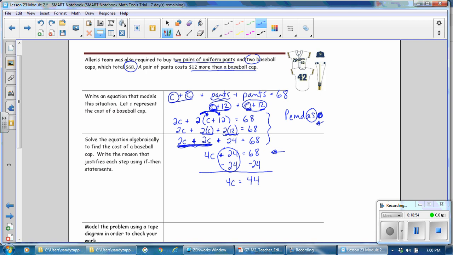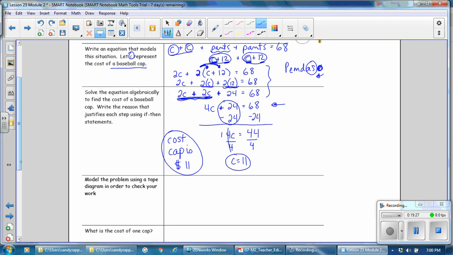Then we need to split that $44 evenly 4 ways. A number divided by itself is 1, and 1 times C is C. 44 divided by 4 is 11. So we've solved the equation and we have C equals 11. What that means is that C represents the cost of a baseball cap. So the cost of a cap is $11.